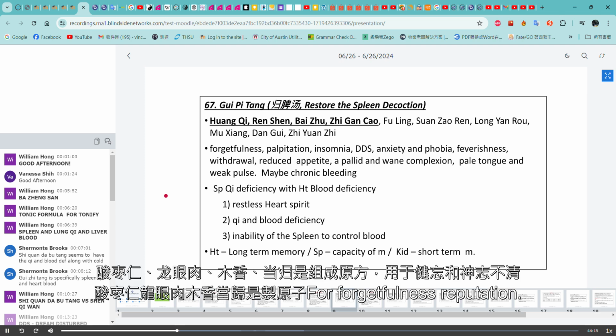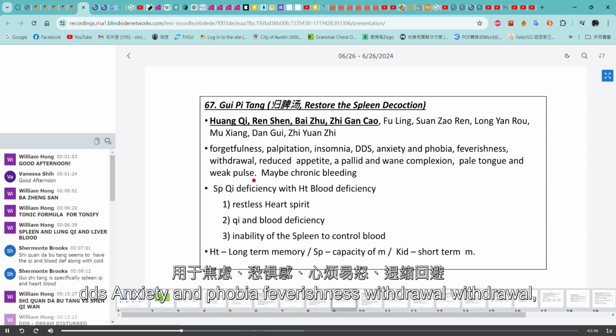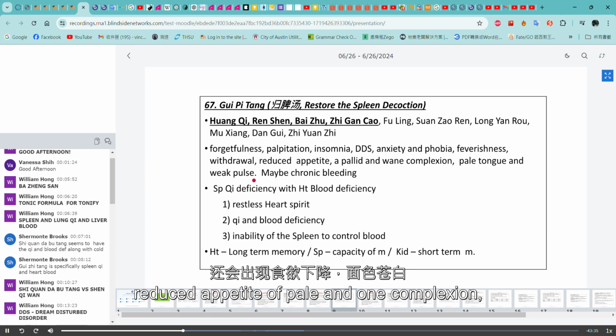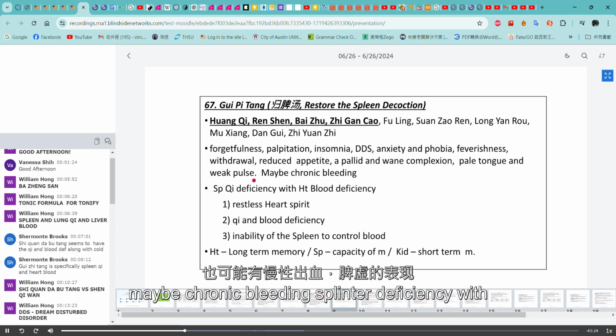Guipitang: Huangqi, Renshen, Baizhu, Zhigancao, Fuling, Suanzaoren, Longyanrou, Muxiang, Danggui, Yuanzhi. For forgetfulness, palpitation, insomnia, anxiety and phobia, feverishness, withdrawal, reduced appetite, pale and wan complexion, pale tongue and weak pulse, maybe chronic bleeding.